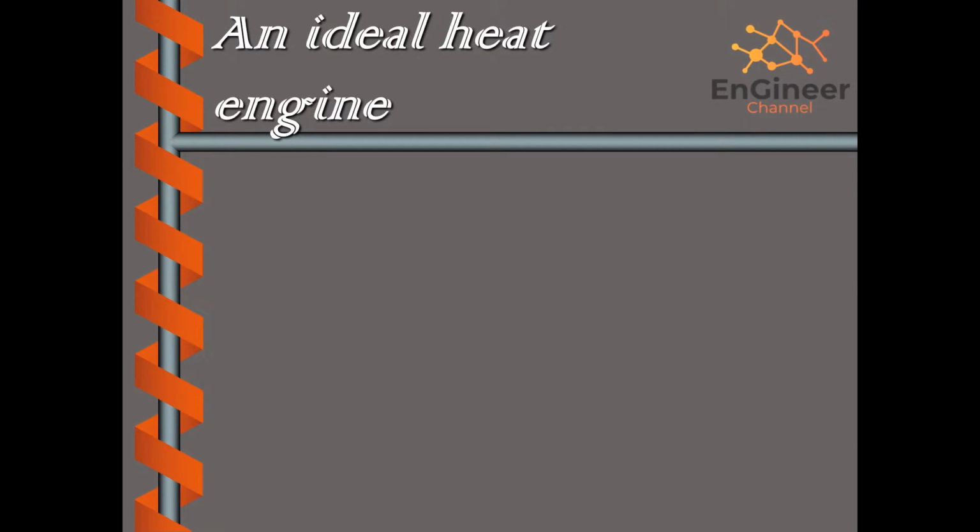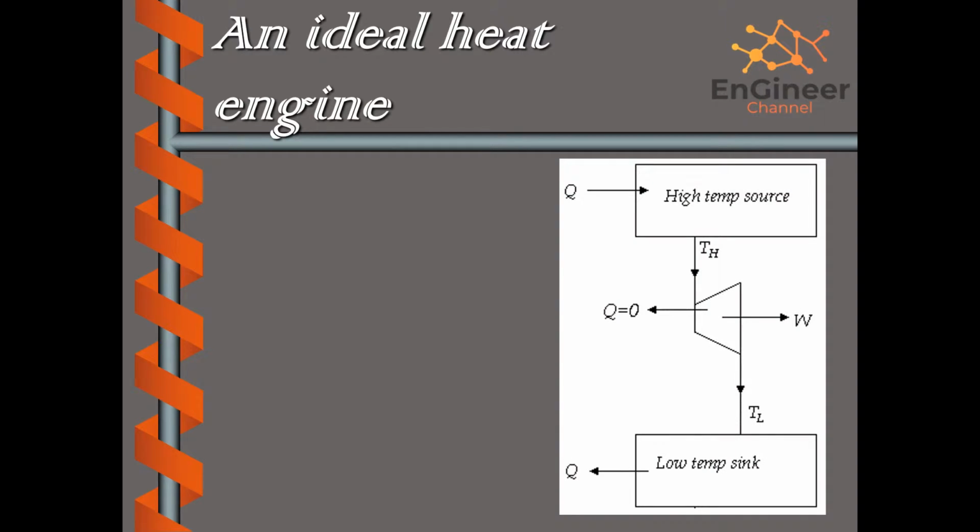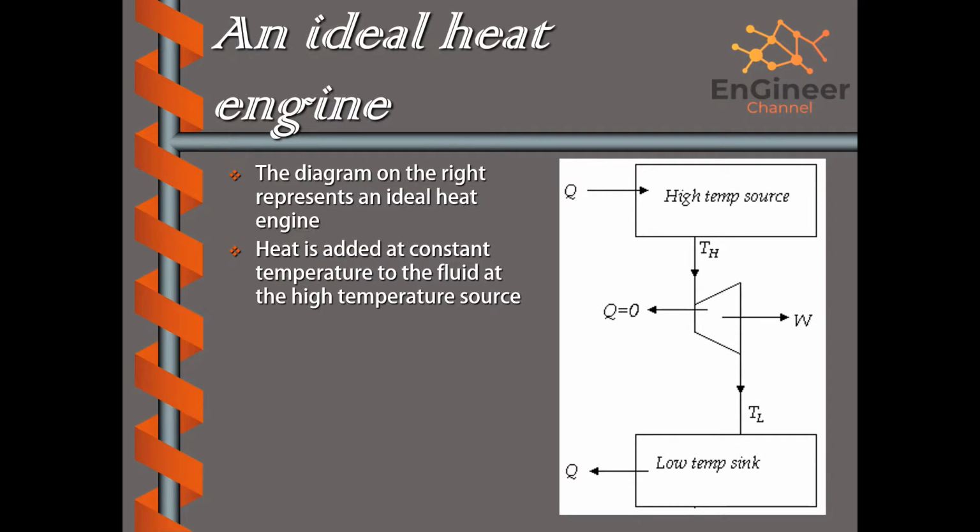Passing now to discover an ideal heat engine. Looking together at this picture, the diagram on the right represents an ideal heat engine. Heat is added at constant temperature to the fluid at the high temperature source.